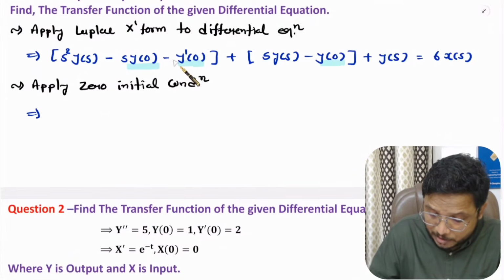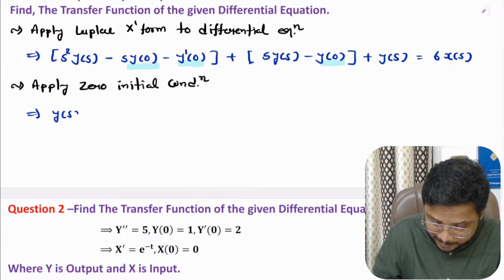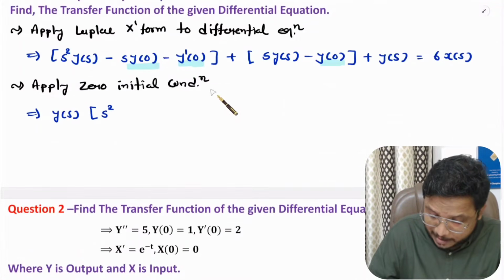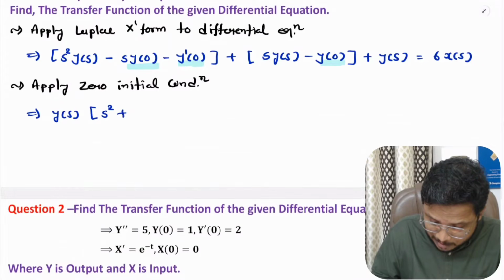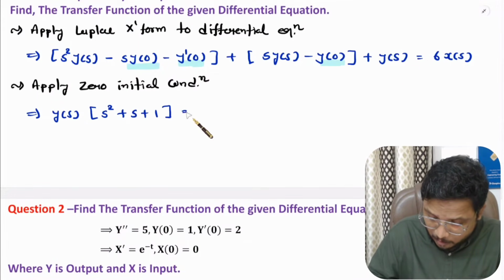If you apply zero initial conditions, then these values are 0. So you can take Y of s common. Here we have s square, after that s, and after that 1. And on the other side we have 6 times X of s.